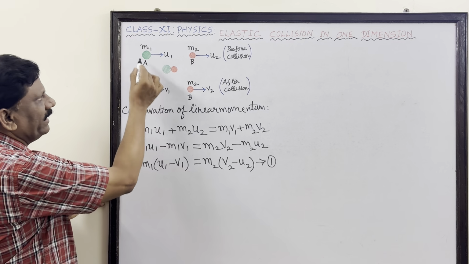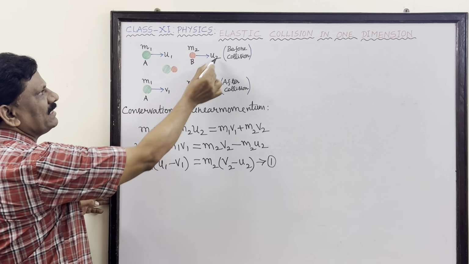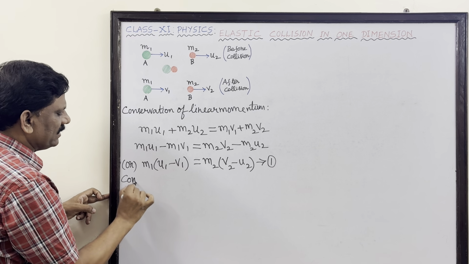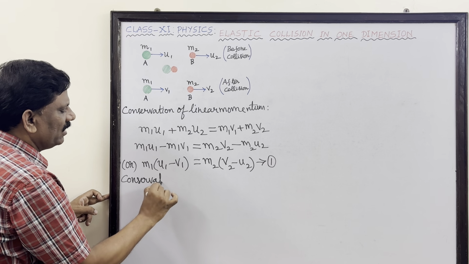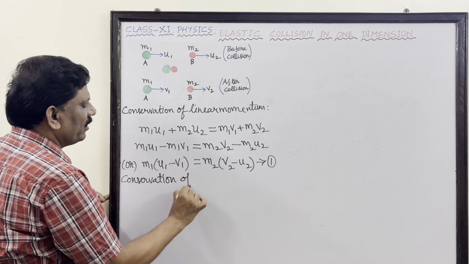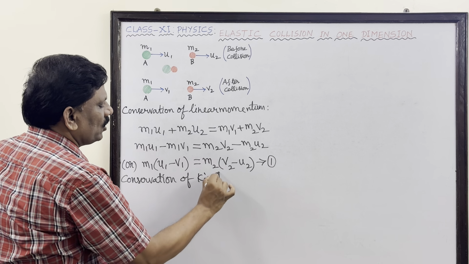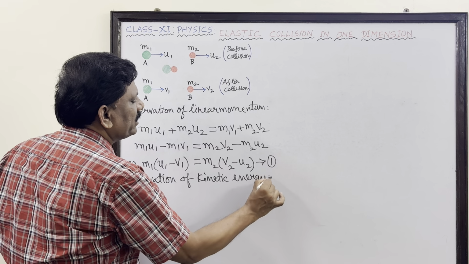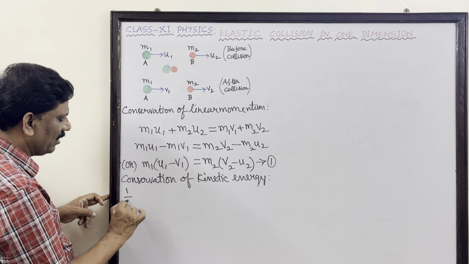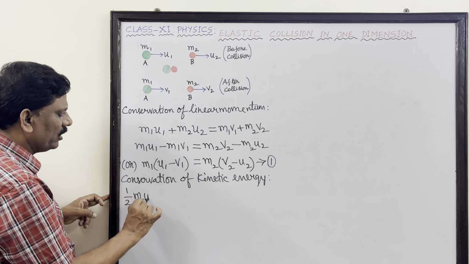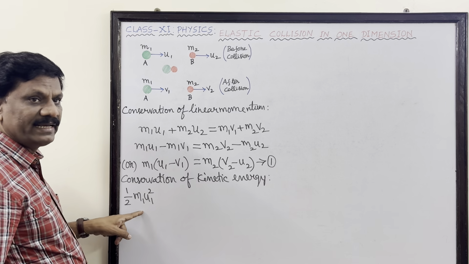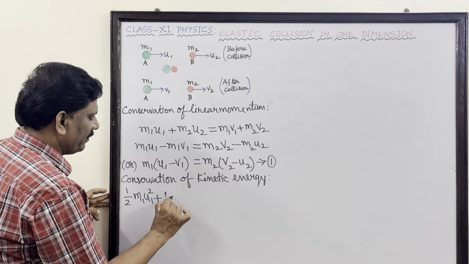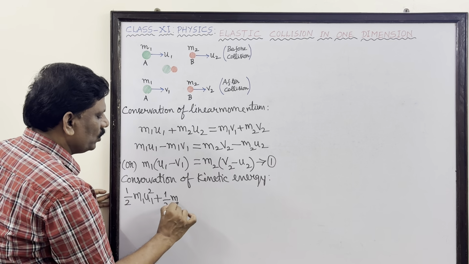So I will write half into m1 u1 square, the kinetic energy of the first body before collision, plus half into m2 u2 square.